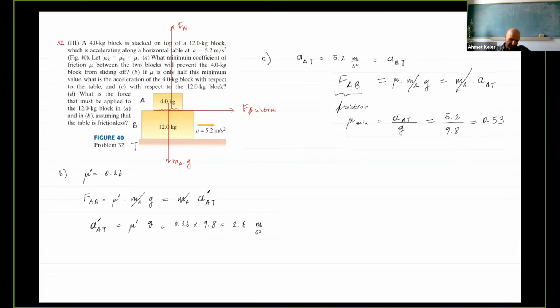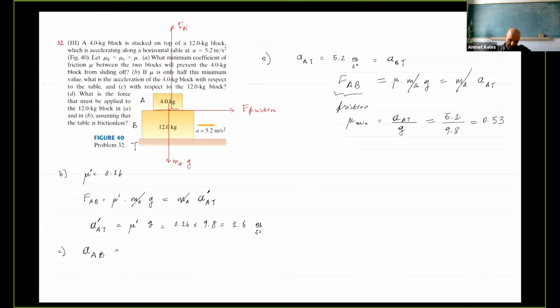All right, then C, if mu is as before, the acceleration of A with respect to the 12.0 kilogram block. Okay, I think it's like AB. Maybe I can write C, the acceleration of A with respect to B, that's what they're asking.